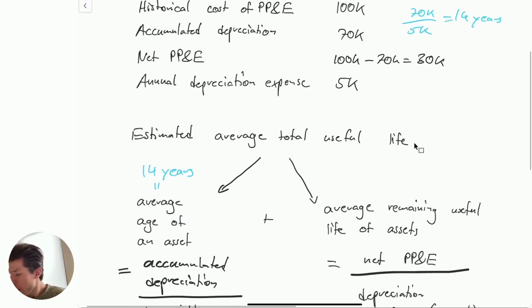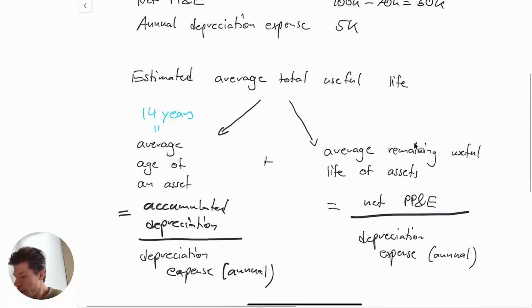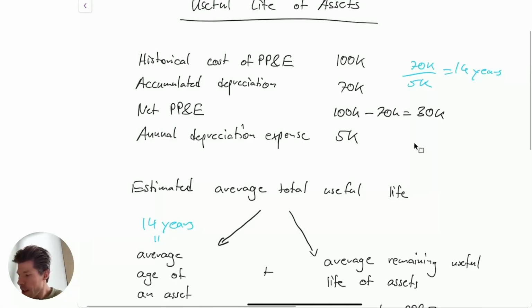Then you look at, okay, how much time do we have left? Average remaining useful life of an asset equals net PP&E, again divided by depreciation expense. Your net PP&E in this case is 30. So we divide 30 by 5K, which is 6 years.